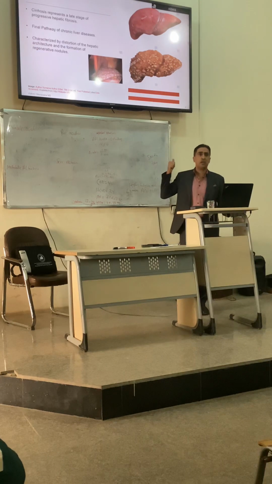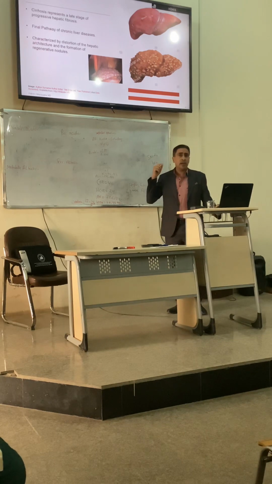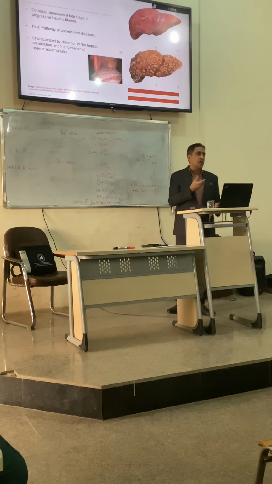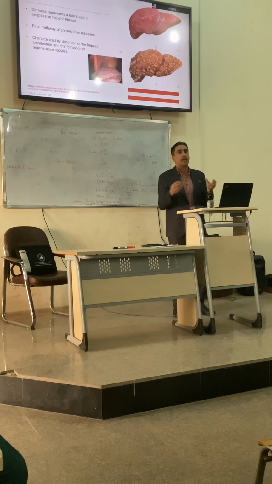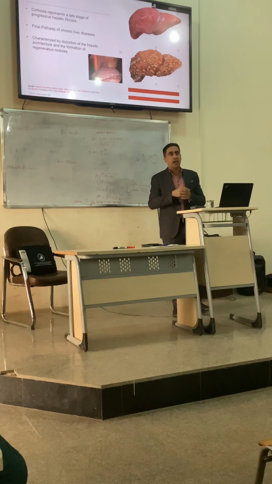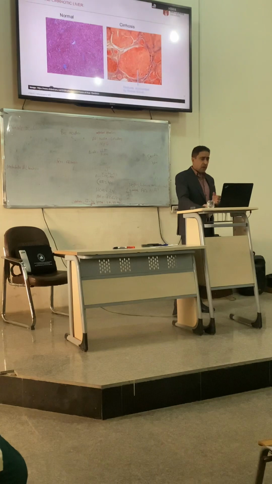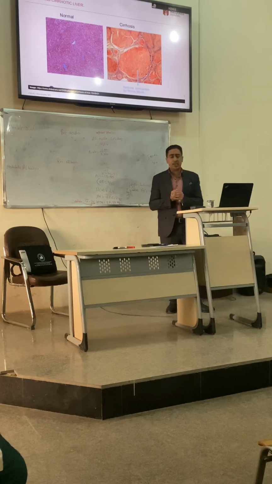If you can see the pictures on the panel, this is the normal liver above, and below are the usual pictures of a liver with cirrhosis. So there is distortion of the normal architecture of the liver and formation of full-blown nodules. On histopathology, you will see these pictures.